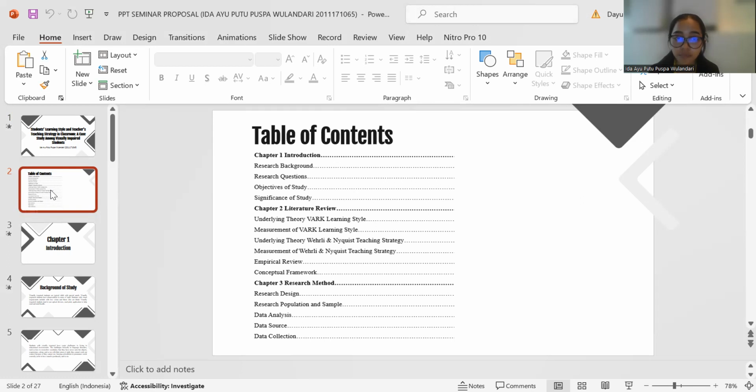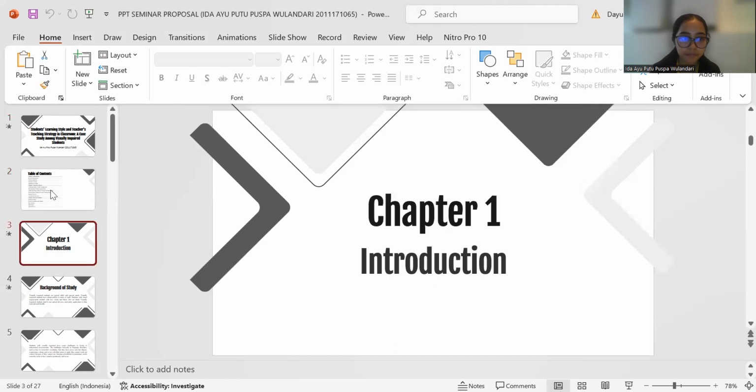Chapter two is literature review: underlying the theory of learning style, measurement of learning style, underlying the theory of Rorty and Newquist teaching strategies, measurement of Rorty and Newquist teaching strategies, empirical review, and conceptual framework. The last one, chapter three, is research methods: research design, research population and sample, data analysis, data source, and data collection.